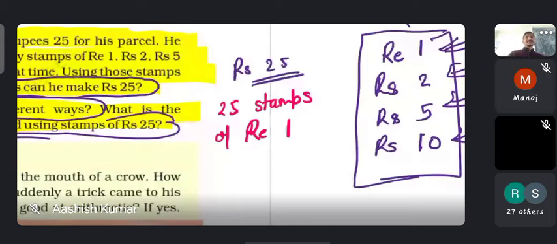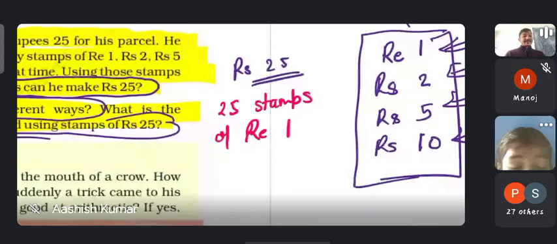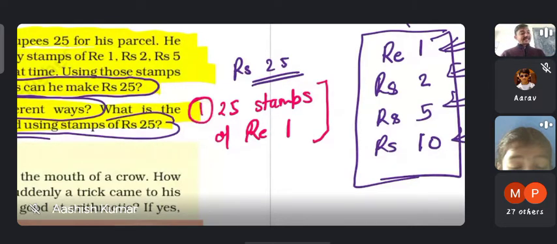The second way is you have to put 10, 10, and 5.